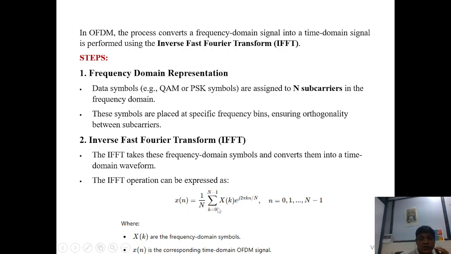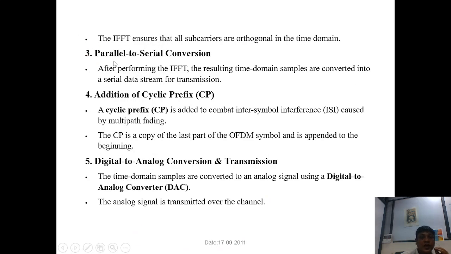Here X_k is basically the BPSK data, and the output is the time domain data. We'll take an example to understand this. Then parallel to serial, then add CP, then digital to analog conversion and transmission take place.